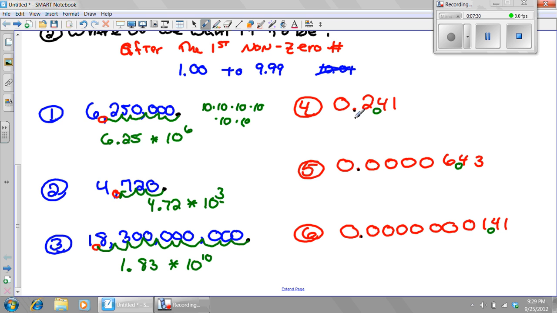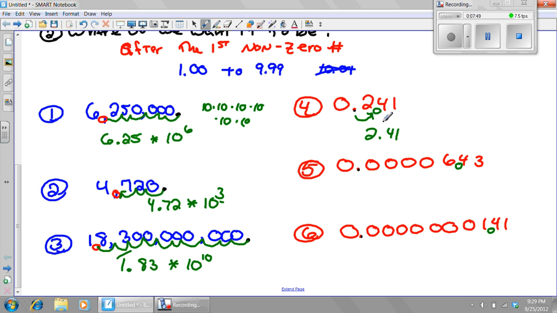Now, this one's a little bit different. I'm going to move the decimal point to the right. And notice my decimal number gets larger. In all the blue examples, the number was in the millions or thousands or billions, and it turned out to be a small decimal between 1 and 10, right?